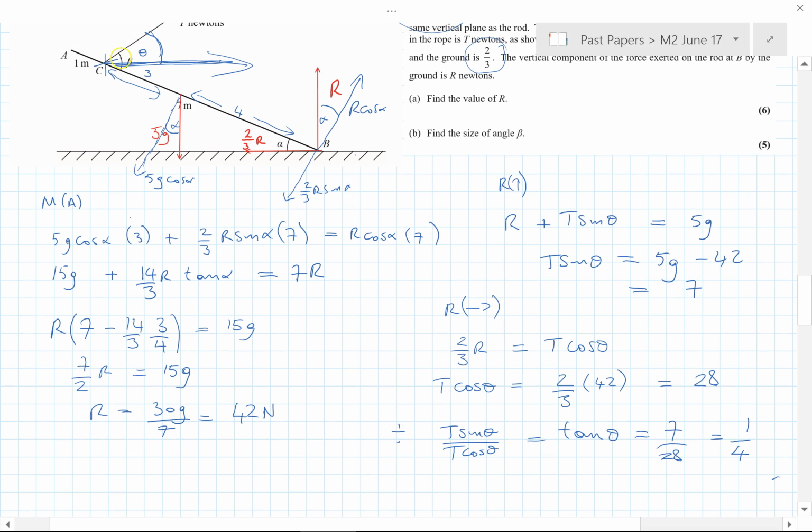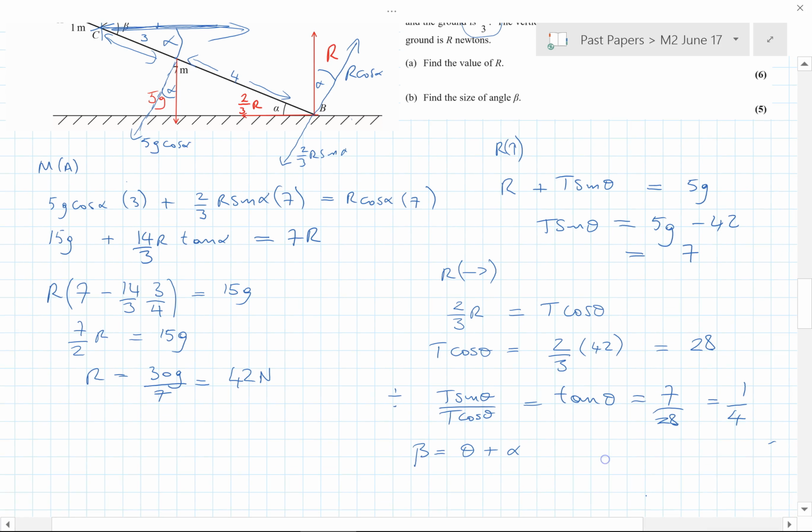The actual angle we want is beta, which is equal to theta plus alpha, because this angle here is alpha. That is arctan 1/4, which we just worked out, plus arctan 3/4, because that's the angle we're given, alpha, and that I believe comes to, I've worked out before, 50.9 degrees.